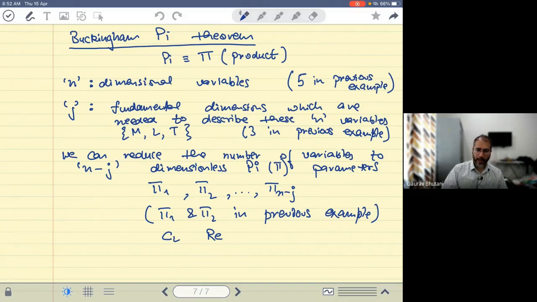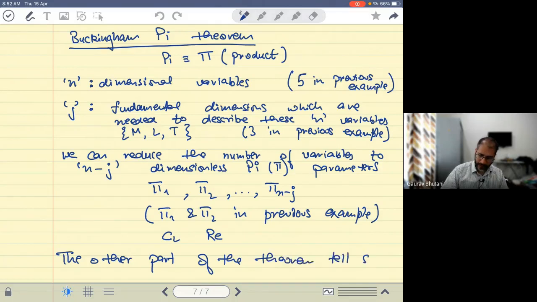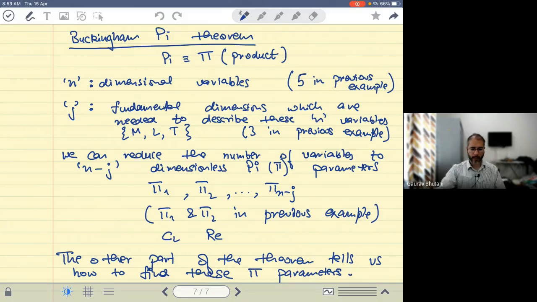And the other part of the theorem tells us how to find these pi parameters.